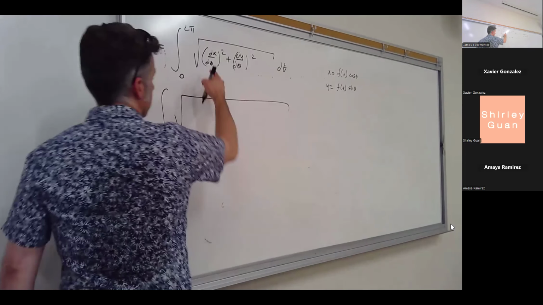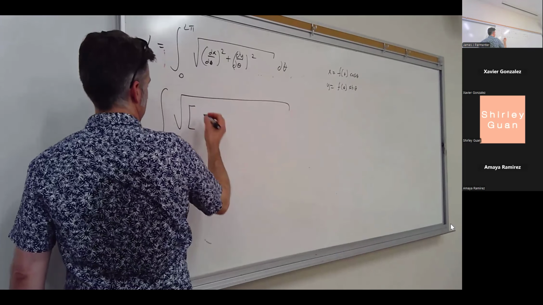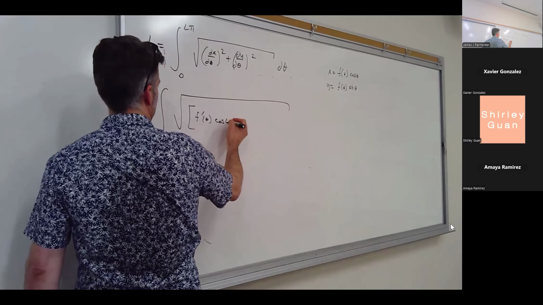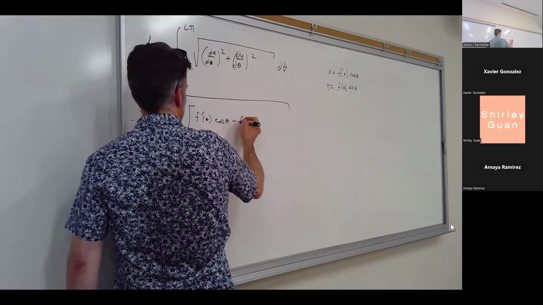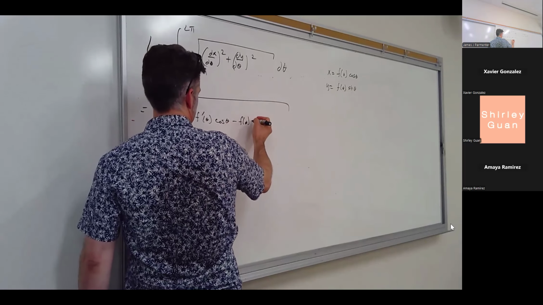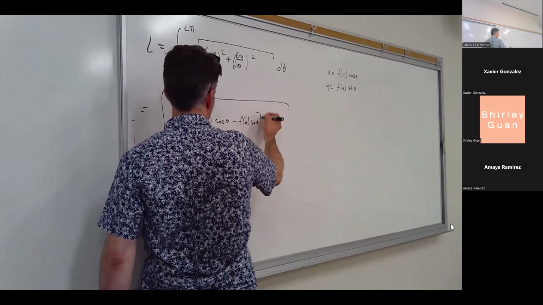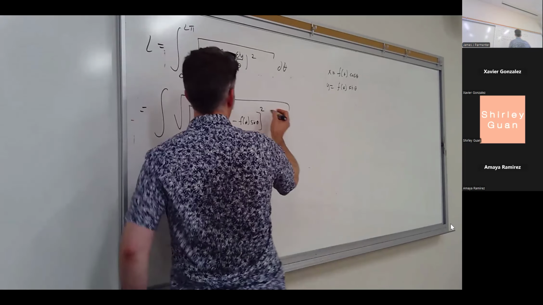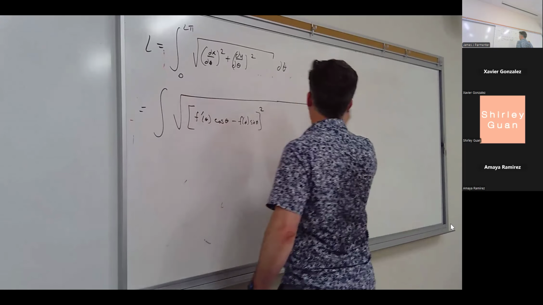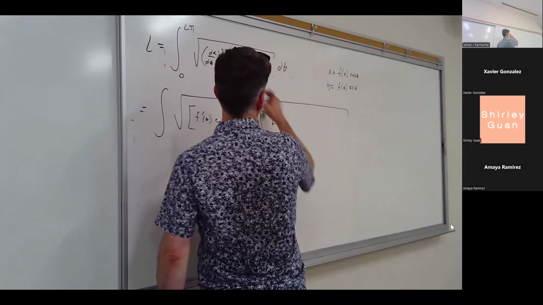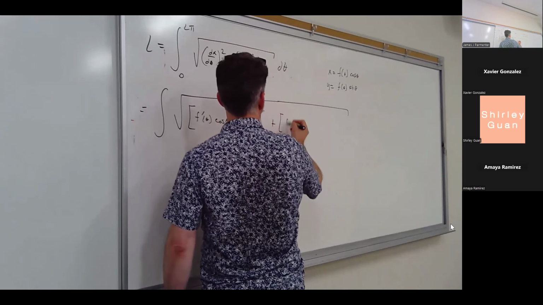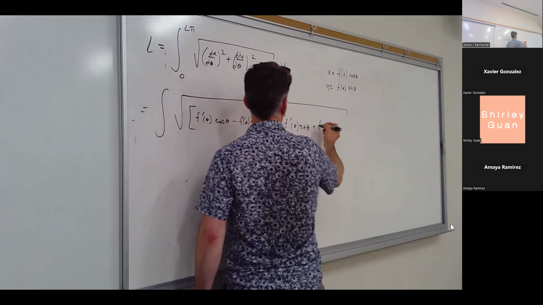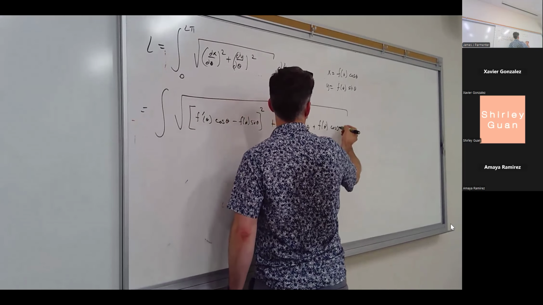We get dx d theta, which is still kind of gnarly: f prime of theta times cosine theta plus f of theta times negative sine theta, squared, plus dy d theta squared, which will be f prime of theta times sine theta plus f of theta times cosine theta, squared.